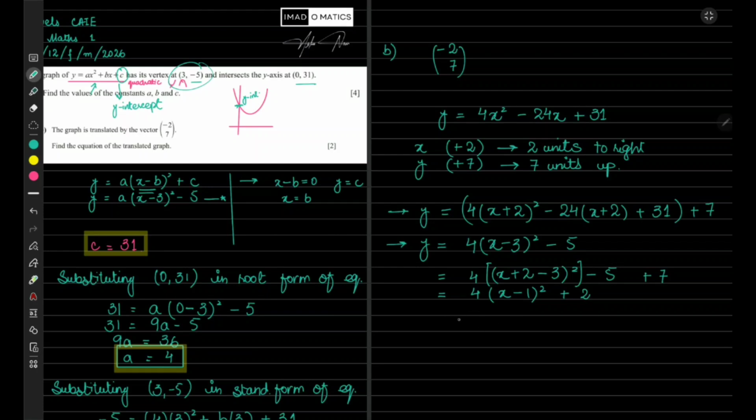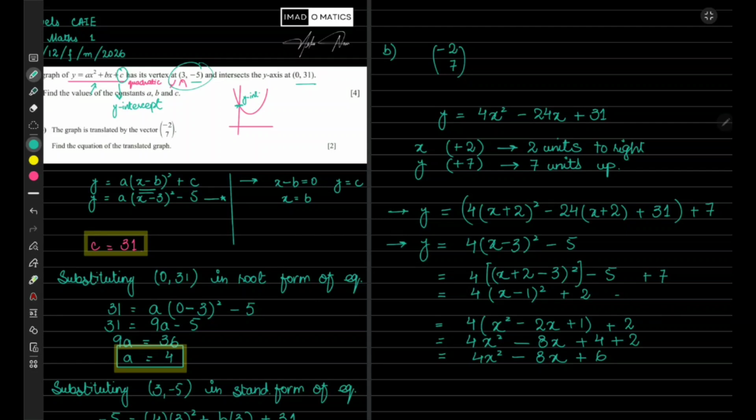So you can write this form, or you can expand and write the standard form, 4x square minus 8x plus 6.